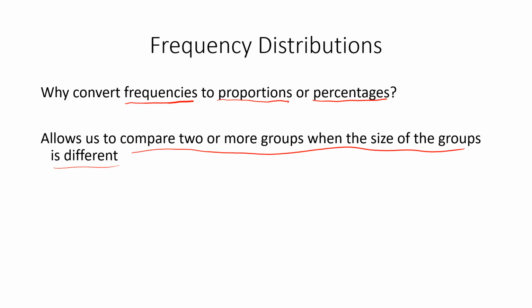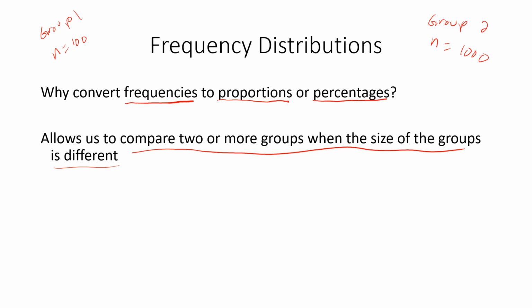In group 1, n equals 100. Group 2, n equals 1000. And they're taking a quiz, a 0 to 10 quiz, and you're trying to find the number of people that scored a 10.